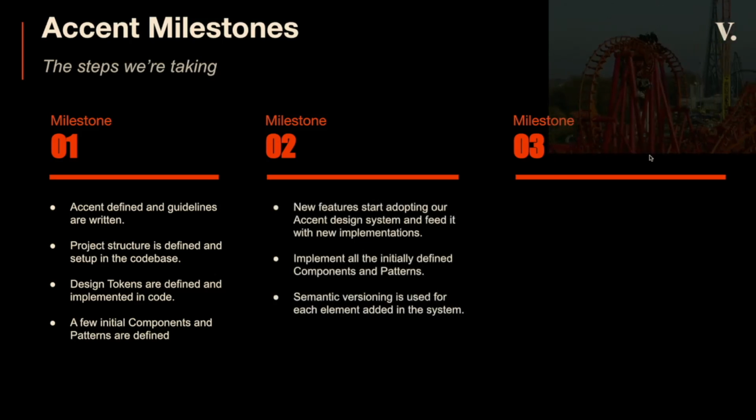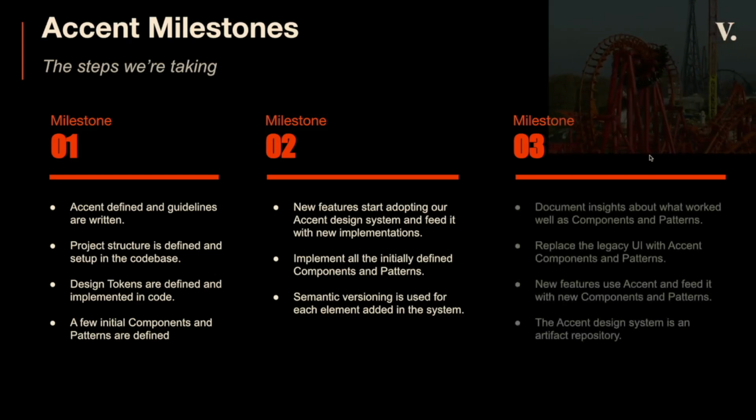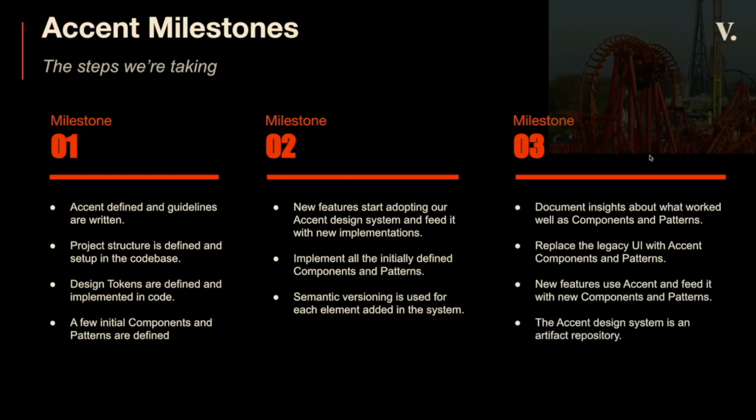For milestone 2, we're planning to have new features start adopting Accent and feed it with the new implementations. We implement all the initially defined elements of the design system. We use semantic versioning for each new element added to the system. Later, in milestone 3, we want to document insights about what worked well as components and patterns, and start replacing the legacy UI.